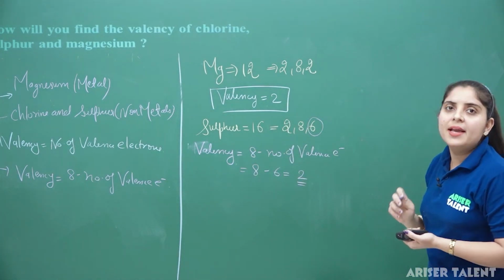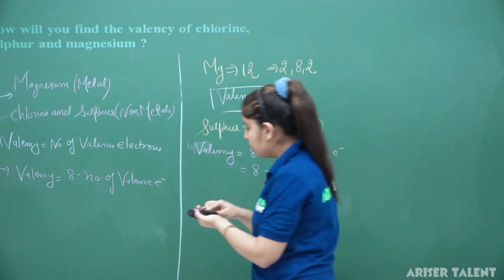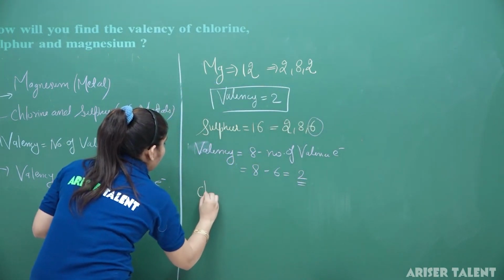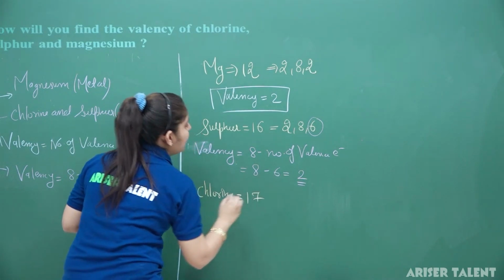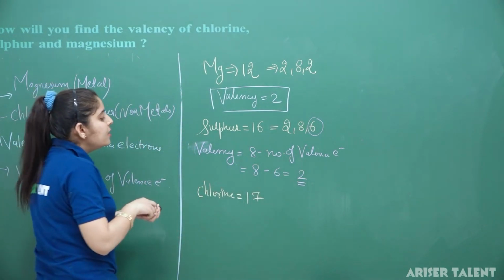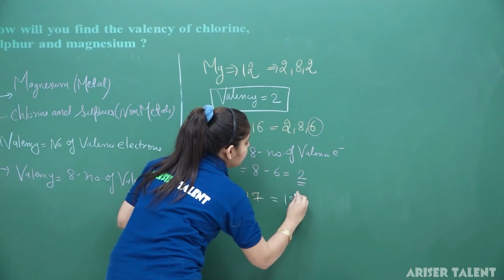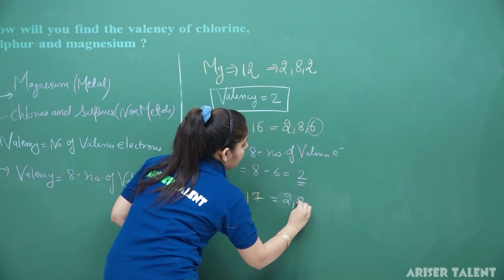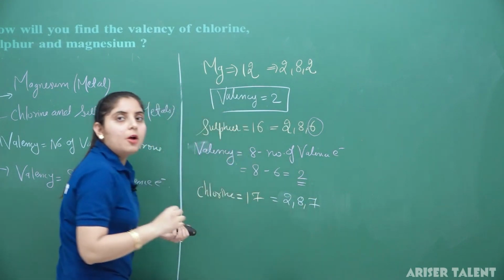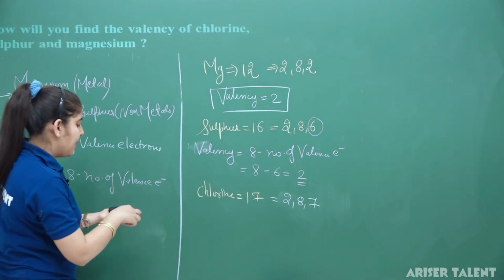Now coming to our next element, that is chlorine. Chlorine has an atomic number of 17. So its electronic configuration is 2, 8, 7. Now we want to conclude the valency of this element.